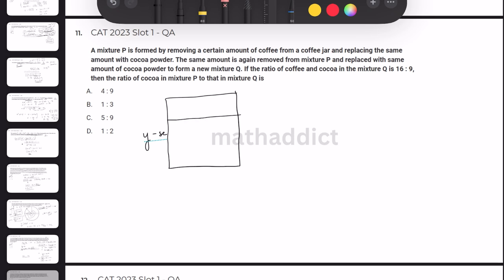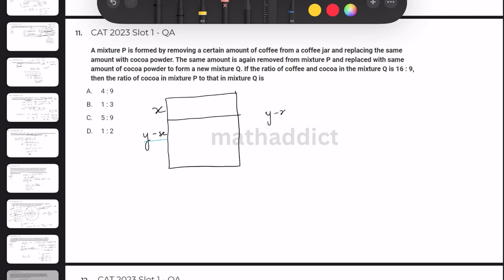So this is y minus x and this is x. Then again x grams is removed from the new mixture and replaced by x grams of cocoa powder.